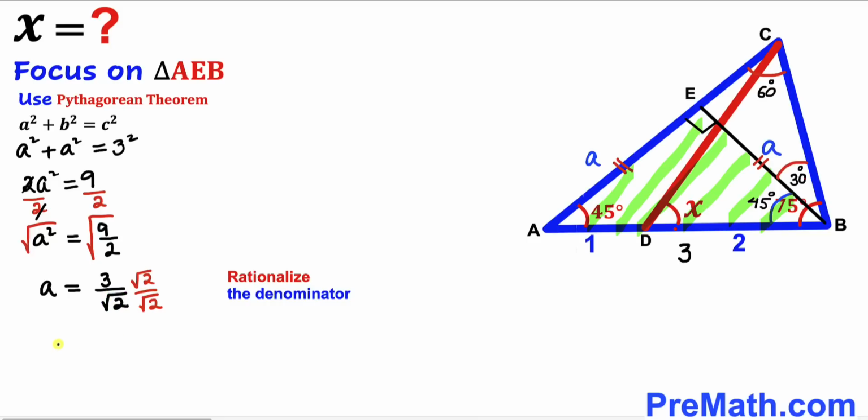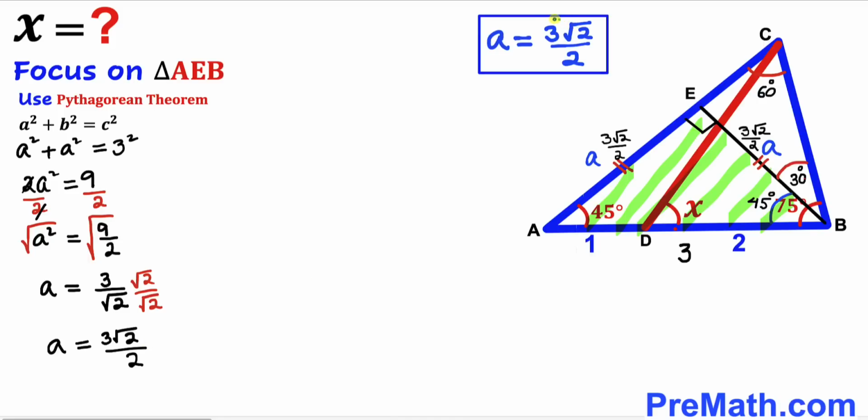So our lowercase a value turns out to be 3 times square root of 2 divided by 2. In other words, this side BE is going to be 3 times square root of 2 divided by 2. And likewise this side AE is going to be 3 times square root of 2 divided by 2.